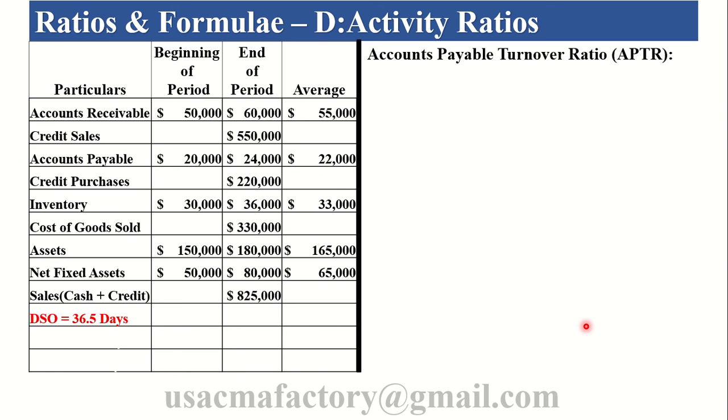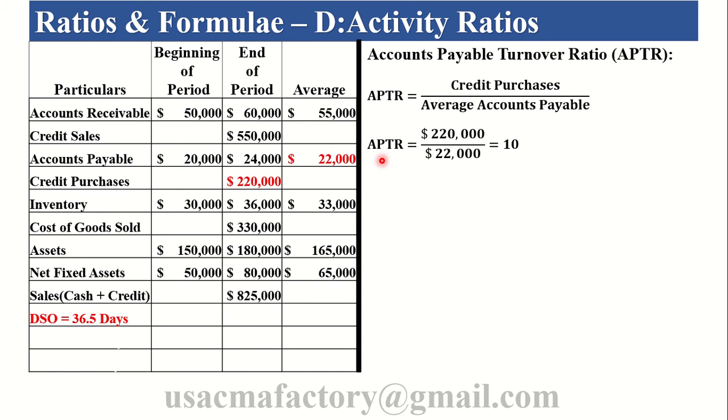Accounts payable turnover ratio, APTR, is equal to credit purchases divided by average accounts payable. So APTR is equal to 220,000 credit purchases divided by 22,000 average accounts payable, which is equal to 10. So days purchases outstanding.